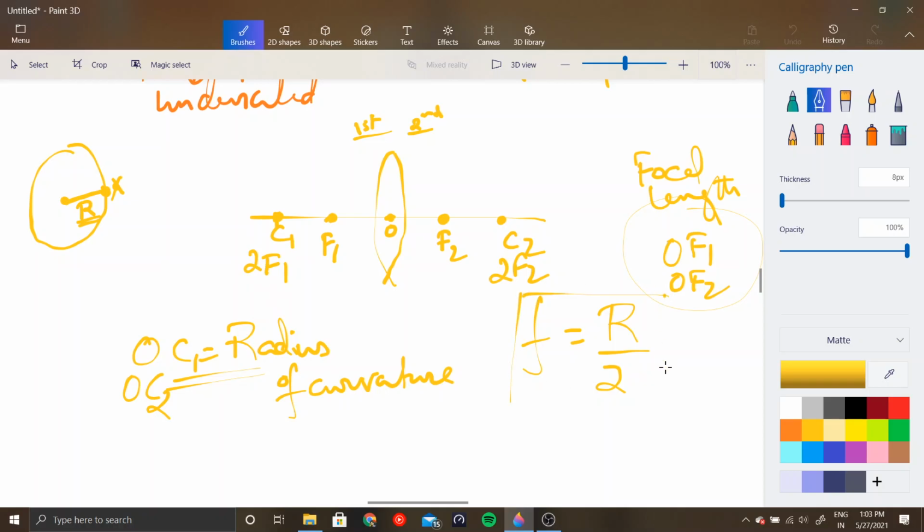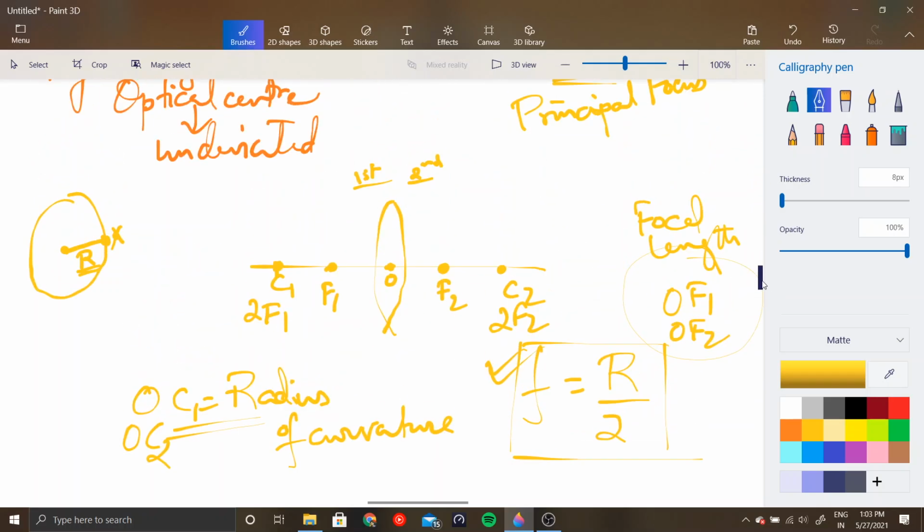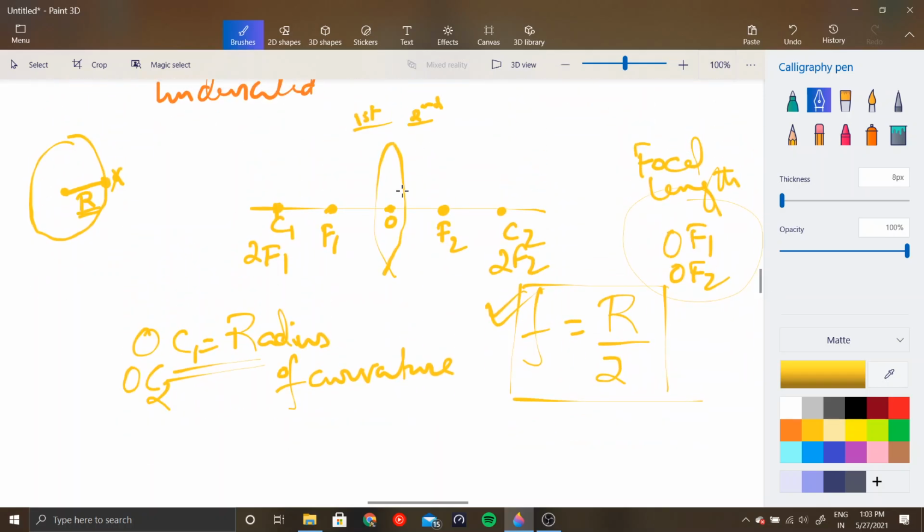Remember, this also comes in use for solving problems. This distance is the focal length F, this distance is R, so F is always equal to R by 2.